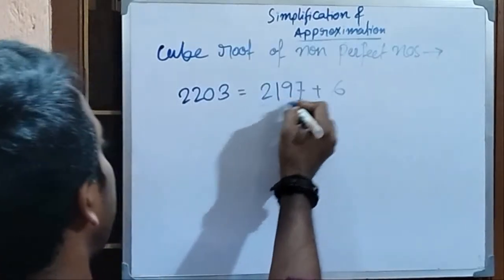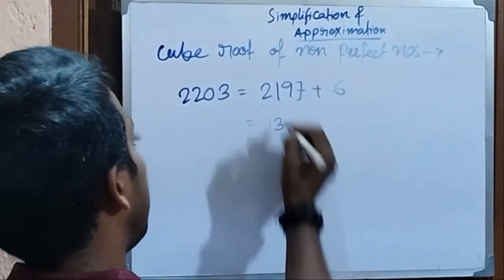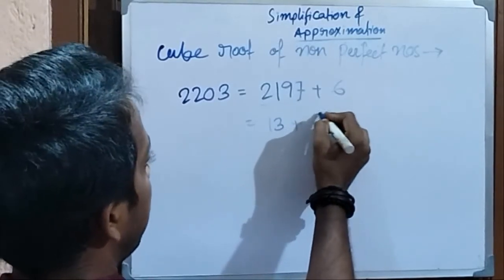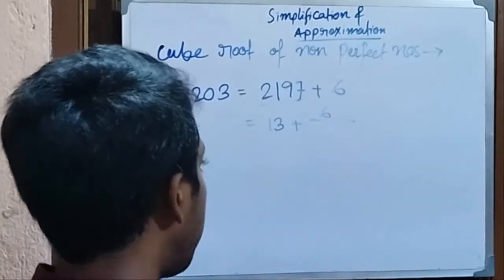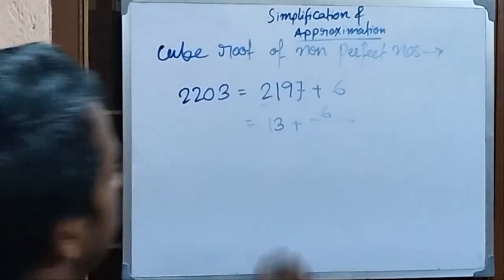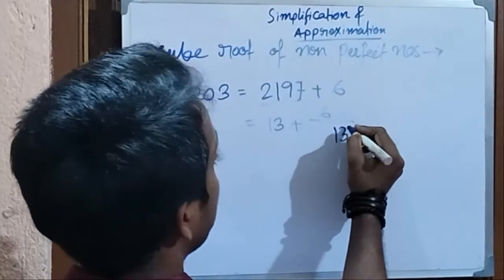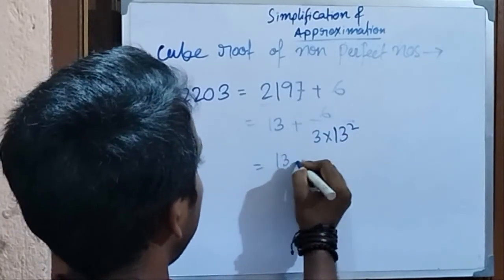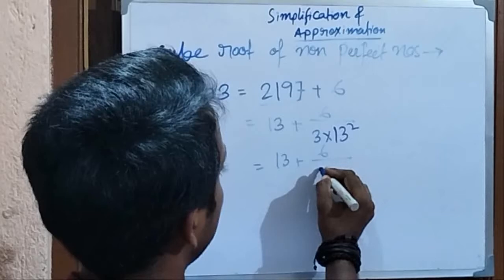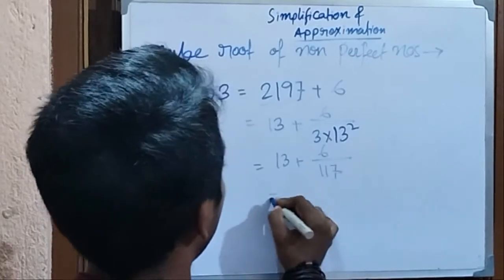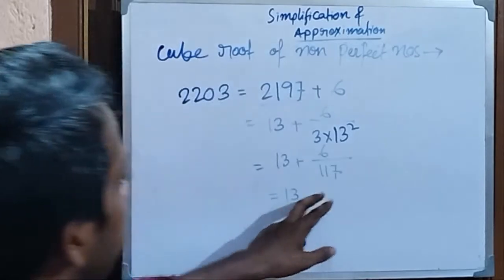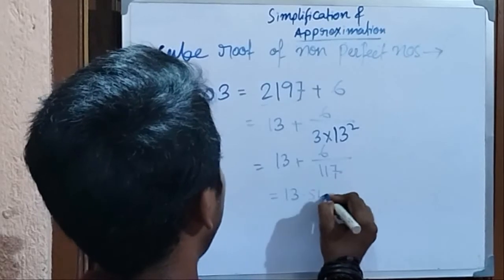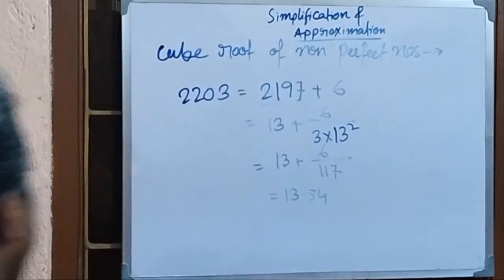So this 2197 would be 13 cube, 13 only written here, and then put an addition sign, then 6 is in the numerator and in the denominator the base number you have to write, which you have to square and multiply by 3. 13 plus 6 by 39, 117. So it will give you 13.54, right?